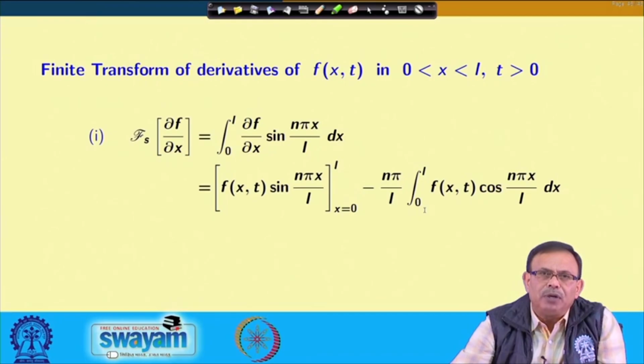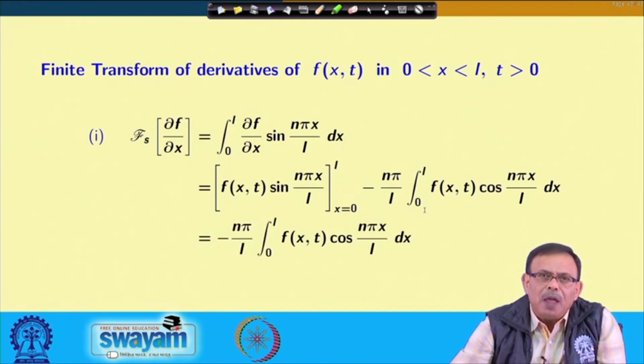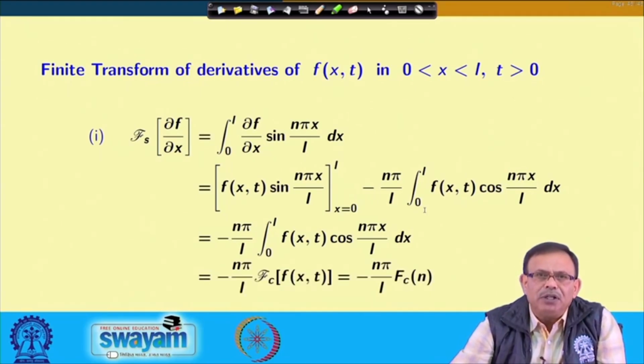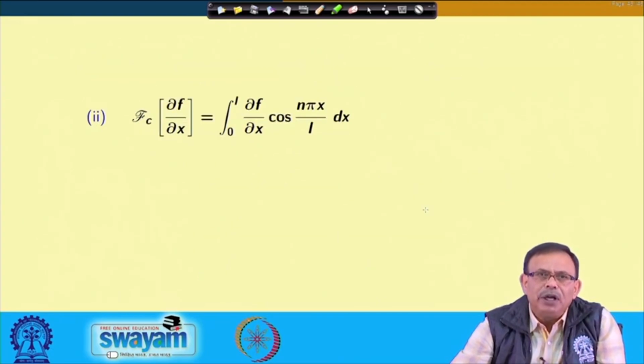The first term will vanish whenever we put the limits 0 and L. So, you will have only this thing, and this integral is nothing but the finite Fourier cosine transform of f x t. So, ultimately we write this as minus n pi by L into the finite Fourier cosine transform of f of x t.